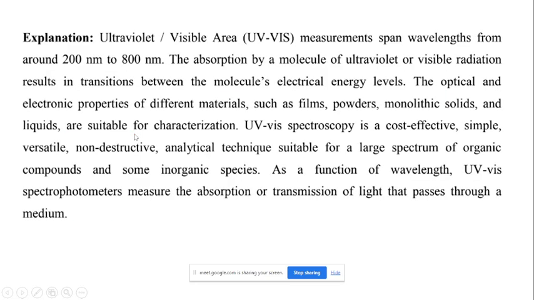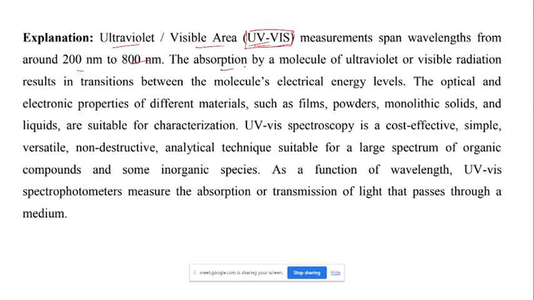Now the explanation of question number two. Ultraviolet visible spectroscopy is known as UV-Vis, ultraviolet and visible spectrum. This measurement spans wavelength from 200 to 800 nanometer. Please keep it in mind.